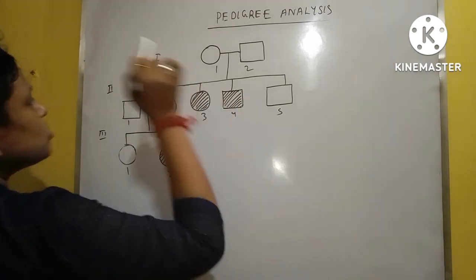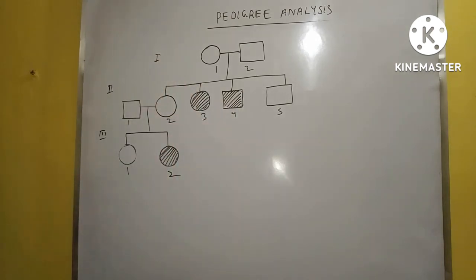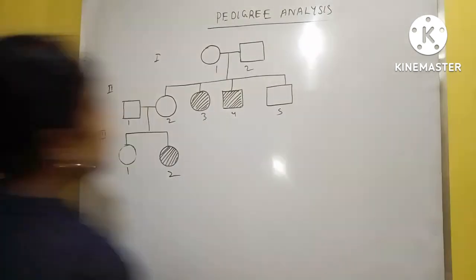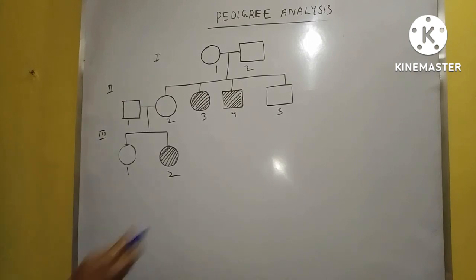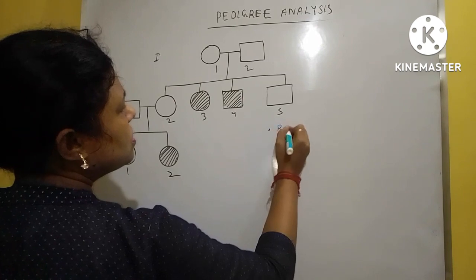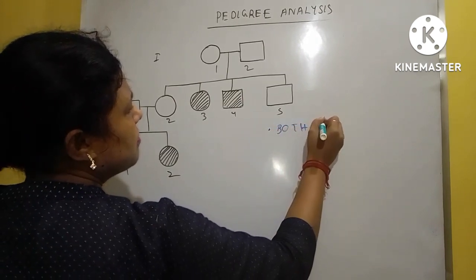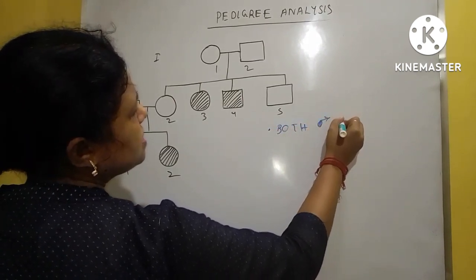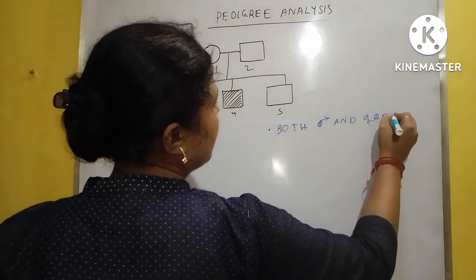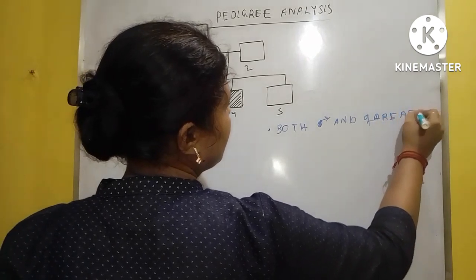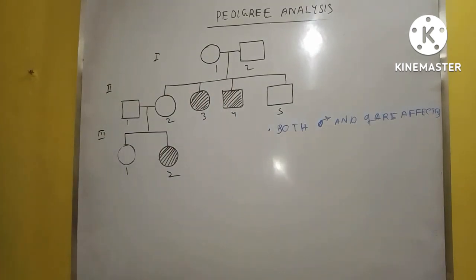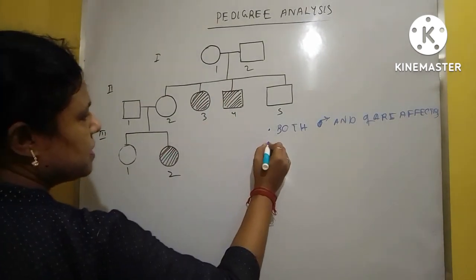But in the second generation, you can see that both males and females are affected. Not only males, not only females, both males and females are affected. So crisscross transmission of the gene is not seen here.